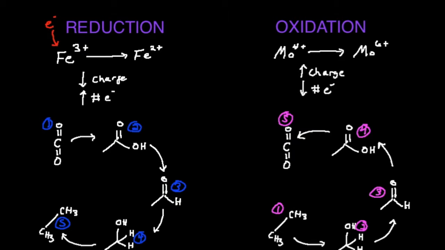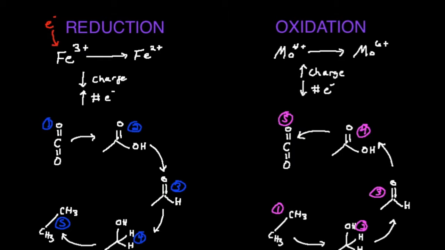Oxidation is the opposite. An example here: I have molybdenum 4+, and it goes up in charge to molybdenum 6+. So oxidation is going to be an increase in charge, and it's going to lose electrons. So molybdenum 4+ lost 2 electrons.